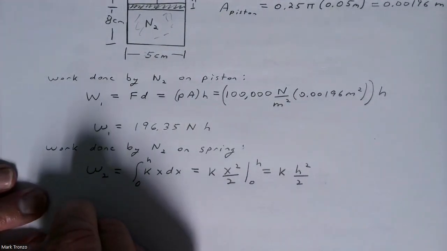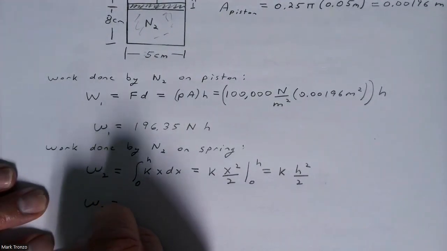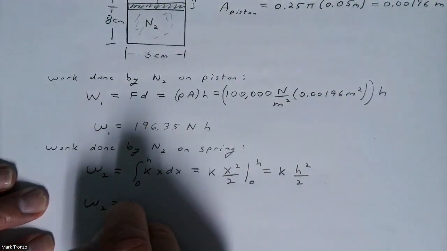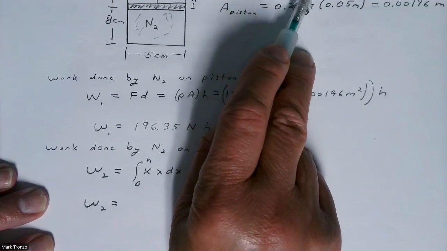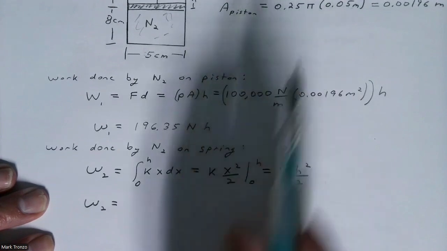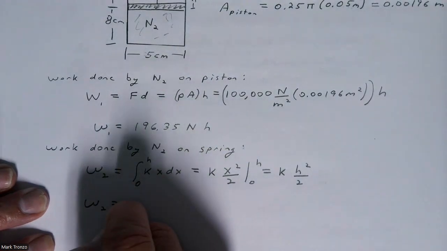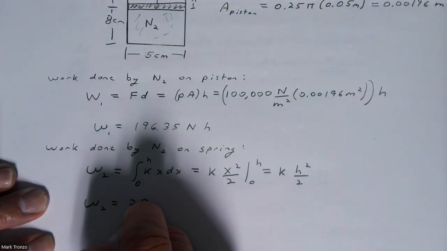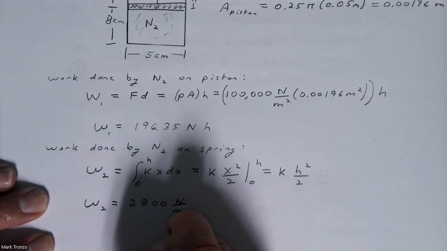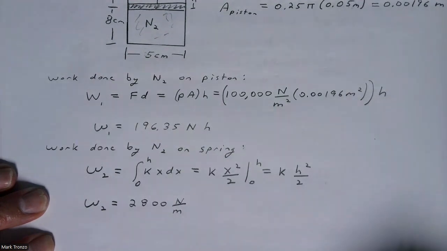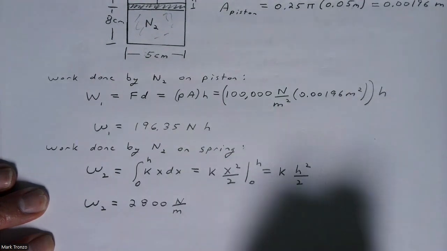And now let's substitute our 28. Now this is 28 newtons per centimeter, so I'm going to have to convert that. Remember we have to multiply it by 100 to get newtons per meter.